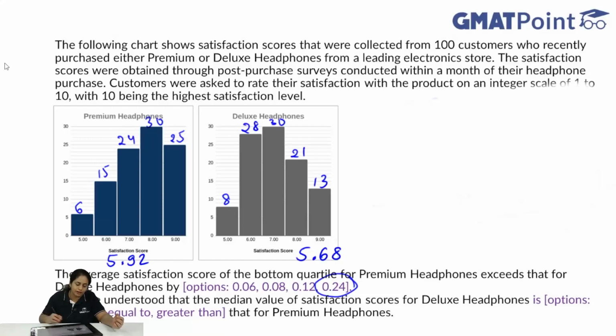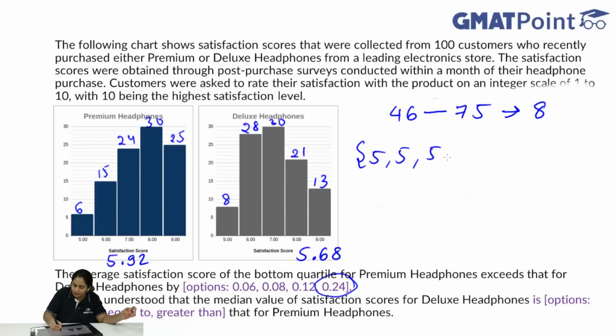Where is the 50th value? This is 6, this is 15, so that is 21 values done, plus 24, that is 45 values done. So next is 30. So from the 46th to the 75th value is basically the 8 score. So basically if I expand this out, 5 will come 6 times, then 6 will come 15 times and so on.